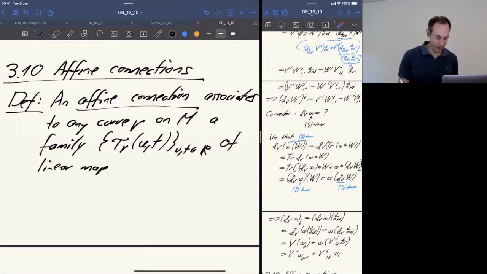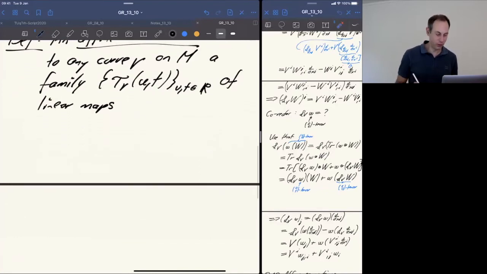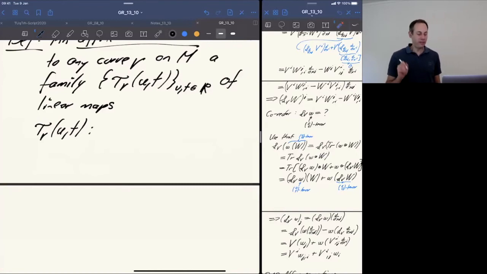Okay, that sounds incredibly complicated, but you will see it exactly captured what I told you before in this example of walking with arrows around. So think of having fixed the path, and think of T and U as the starting time or parameter of your path.